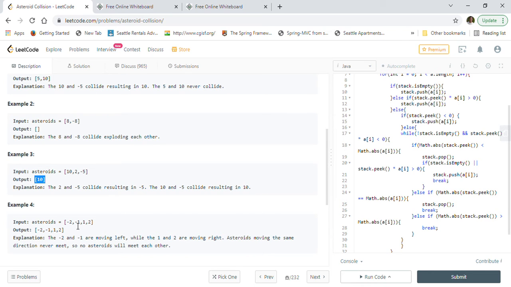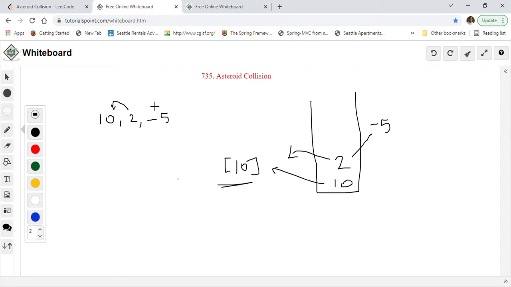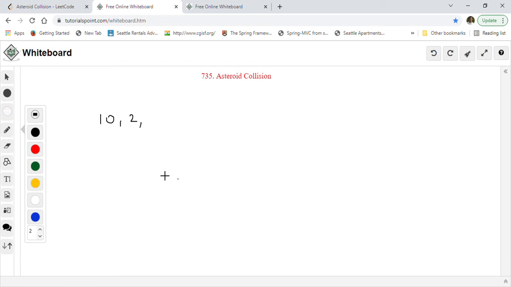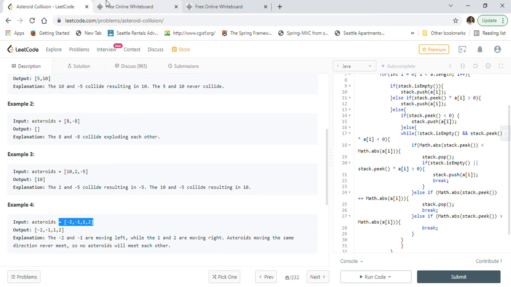So this is our approach, and let's take another last example quickly. So minus 2, minus 1, 1 and 2, right? So let me reuse this space again. So minus 2, minus 1, 1 and 2.